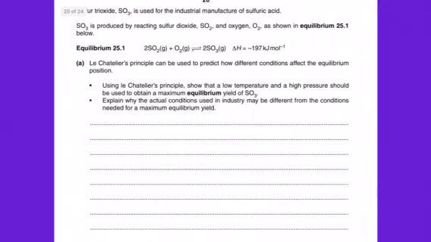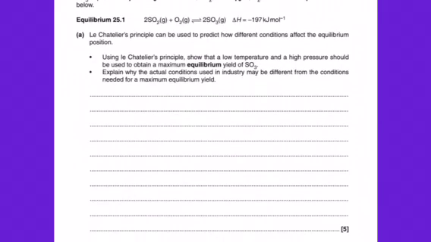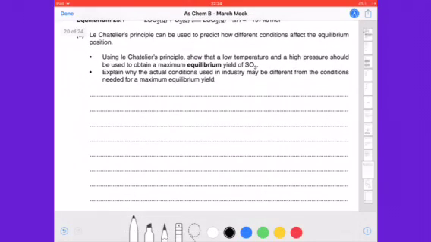Right, in this written question, there are a number of different things that you need to include. The first thing that you need to do is consider temperature.